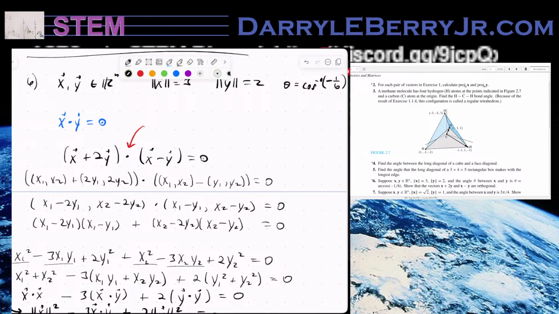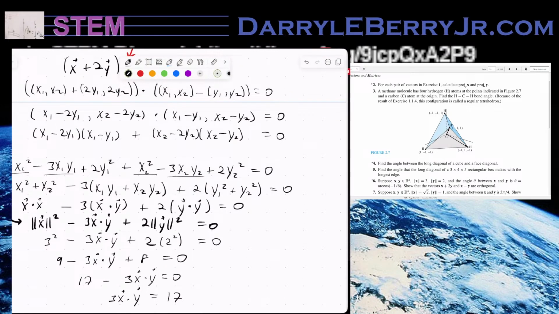The dot product, multiply the first ones and add. This one squared minus x1 y1 minus 2x1 y1 is minus 3x1 y1 plus 2y1 squared, plus x2 squared minus x2 y2 minus 2x2 y2, that's minus 3x2 y2 plus 2y2 squared, that looks right.